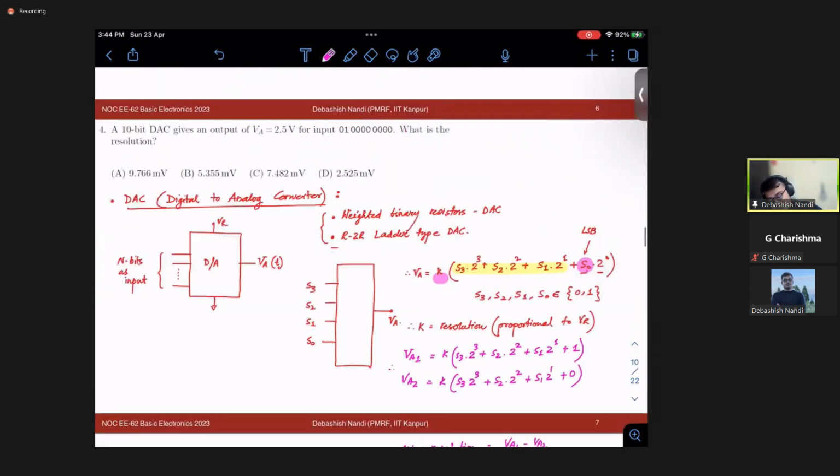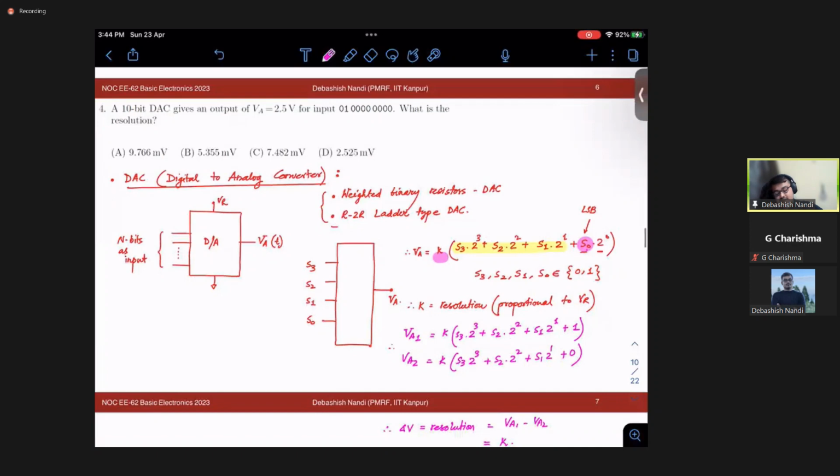Okay. Now the question is that a 10-bit ADC gives an output of VA equal to 2.5 for an input of this. Okay. So you see this would be your S9, S8, S7 and so on. This would be S0, fine, because it is a 10-bit and we start with 0 by the way.